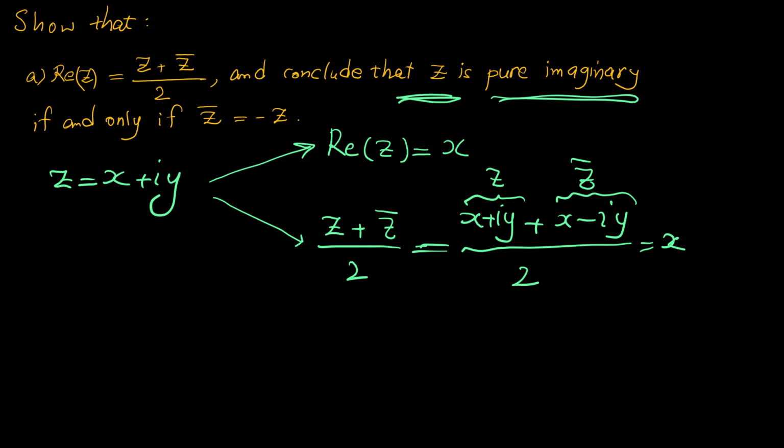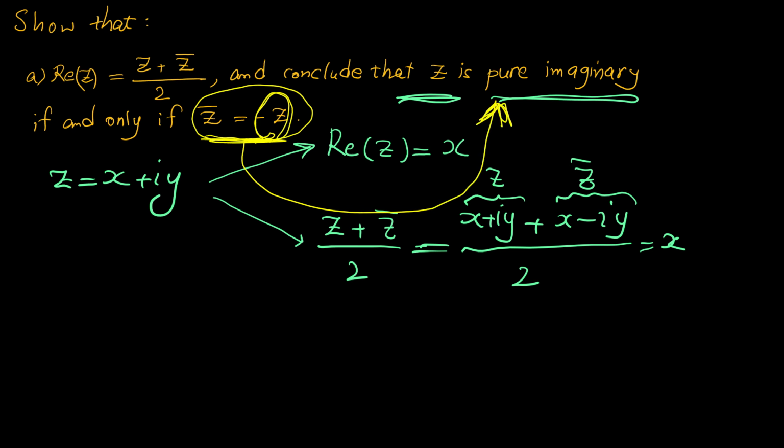If z is pure imaginary, then the conjugate of z is negative of z. And also we want to prove the opposite of this. If the conjugate of z is equal to negative z, from this we have to prove that then z is a pure imaginary number.